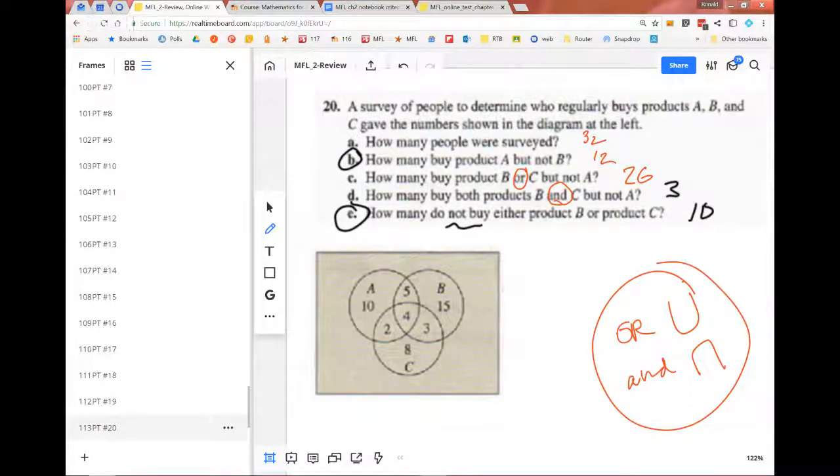Because if you try doing it just using your English meaning of or, and I'm not sure that's crystal clear, then you need to remember or is union and and is intersection. Thanks. You're welcome.